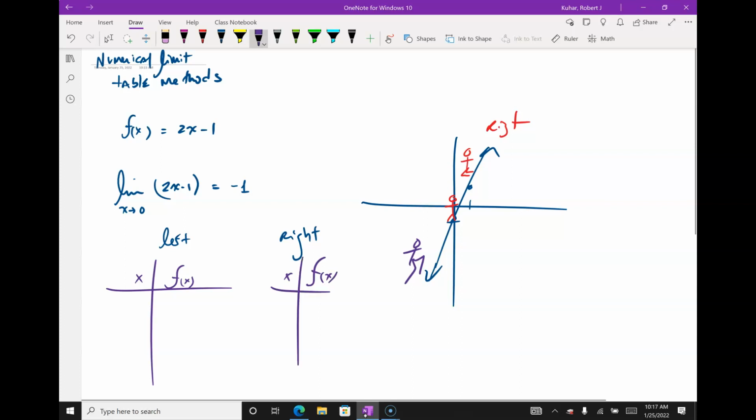And so when I'm approaching 0, I want to get closer to 0 from the left. It has to be negative, right? So we're talking about negative 0.1, negative 0.01, negative 0.001.